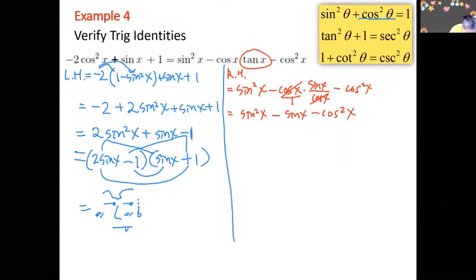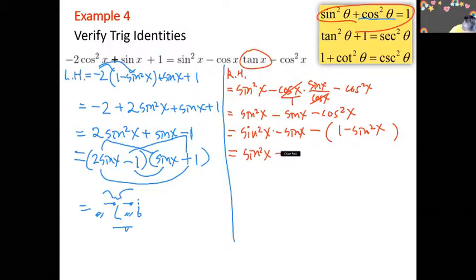So sine square x copied, minus sine x, and then this is negative in parentheses 1 minus sine square x from here. Then sine square x minus sine x, and then distribute: negative 1 plus sine square x.